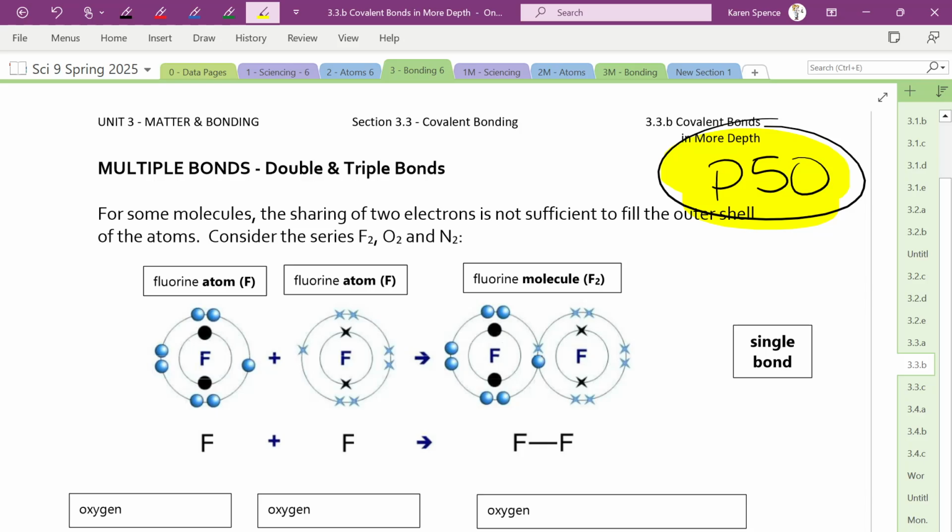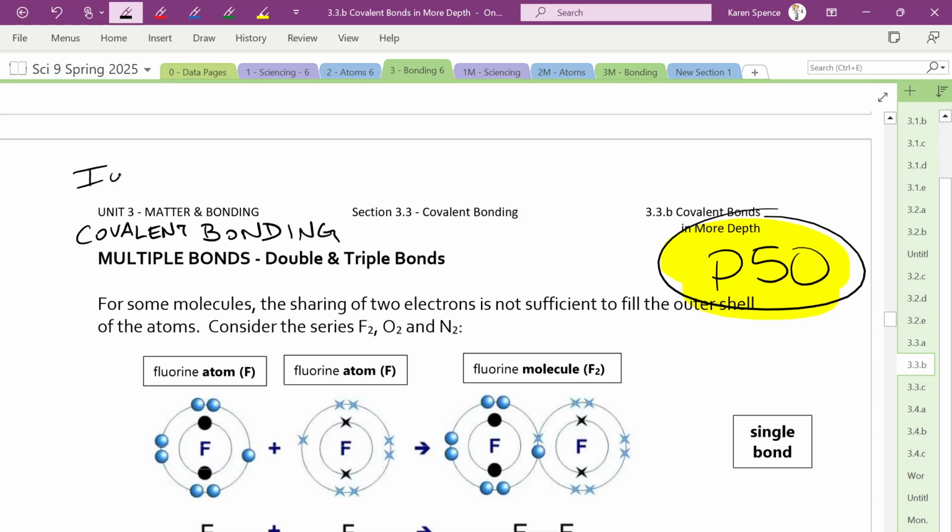Okay, so if you recall, this is covalent bonding. Tell your partner the difference between covalent bonding and ionic bonding. Okay, what is one thing that's different?